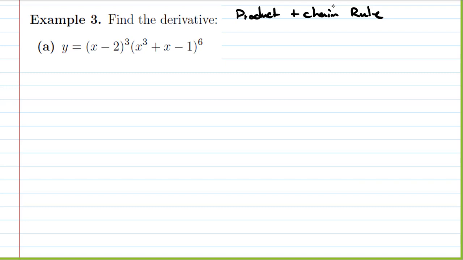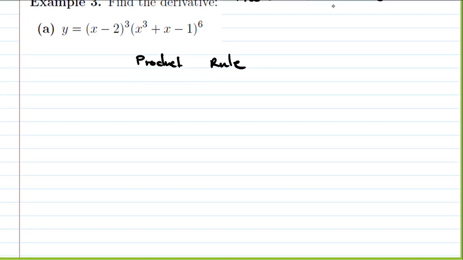So let's start with our product rule. In our product rule, I'm going to start with each of them. So my f is x minus 2 cubed, and my g is x cubed plus x minus 1 to the 6th.